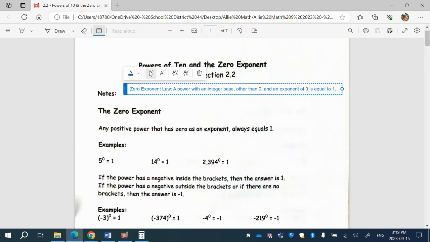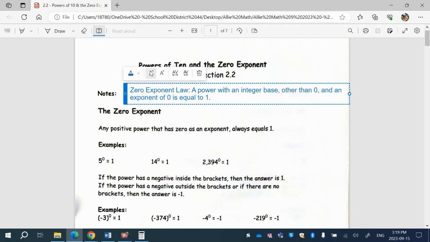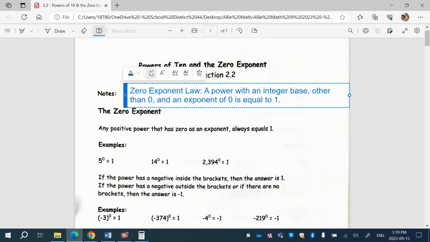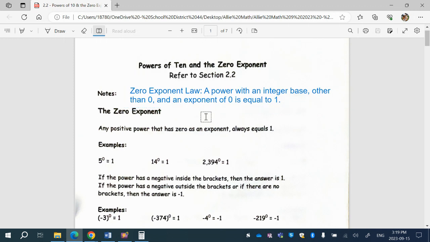Okay, let's pump up the size on this. Can you see that? So a power with an integer base other than 0 and an exponent of 0 is equal to 1. I will show that this means that n to the 0, so any number with an exponent 0 is equal to 1, but that number, n, cannot equal 0.